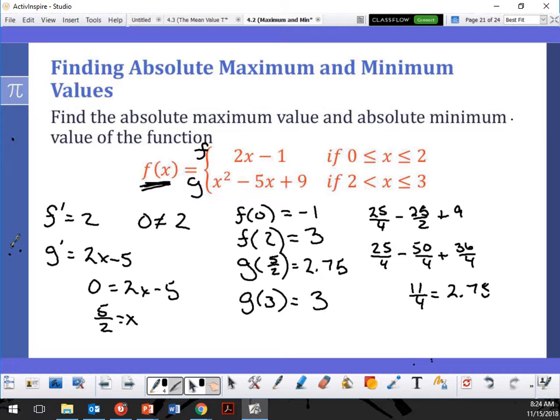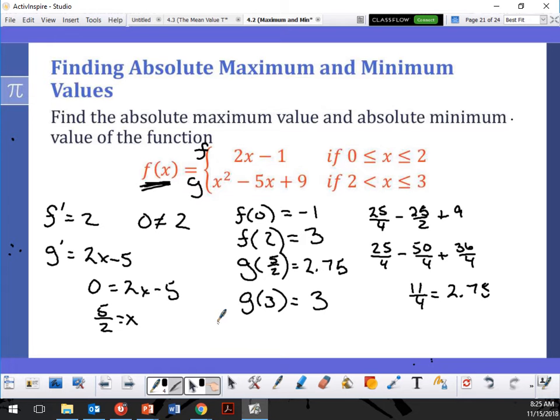All right, so what's my minimum? f of 0. So I'm going to have a min at 0, right? And I have a max where? At g of 3. So when I plug in 2, I'm going to have a max at 2 different places.